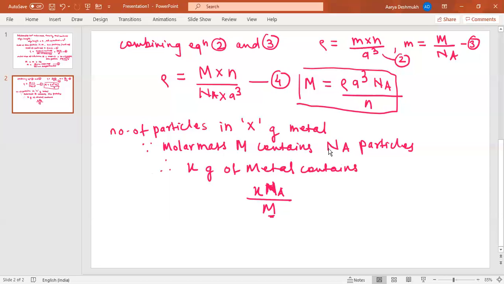Now substituting the value for this M. Now M equals, you know that, rho into A cube into Na divided by N. We know this thing.